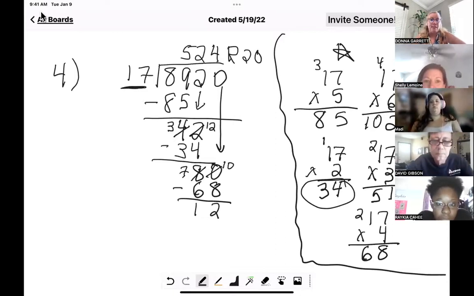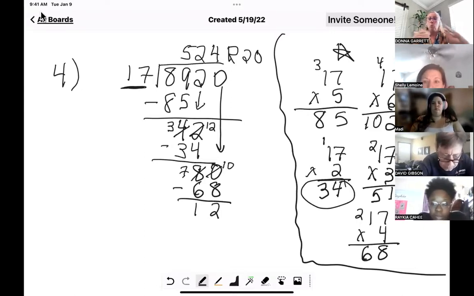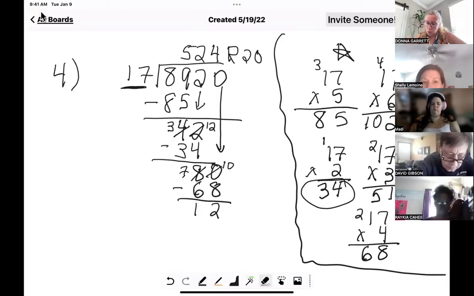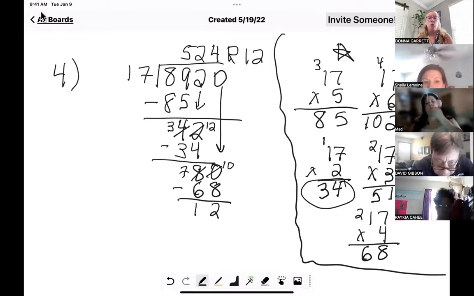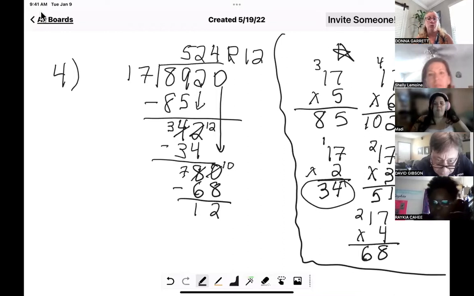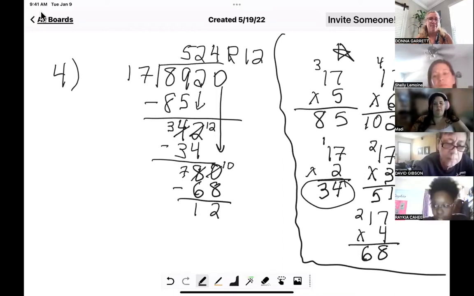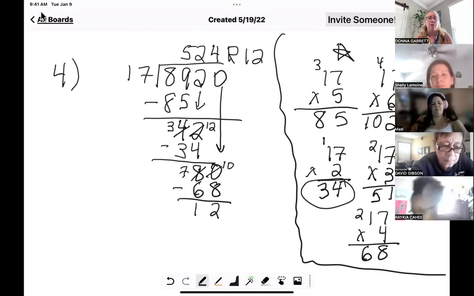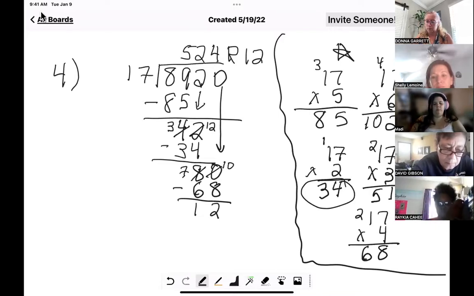That remainder has to be less than 17, or you did it wrong. Because that means you could divide more, right? So a good way to check your remainder, like I knew 12 sounded like a good number because it's less than 17. But if it was more than 17, I did it wrong. I have more to do. That makes sense? The leftover has to be less than what you're dividing by, let's put it that way.